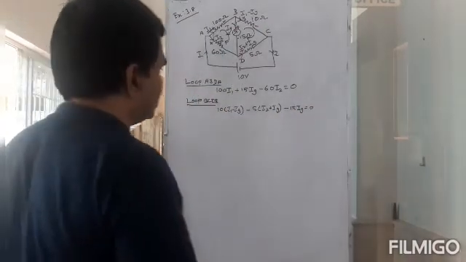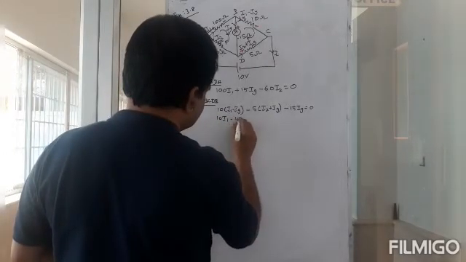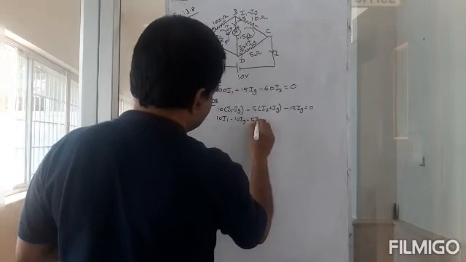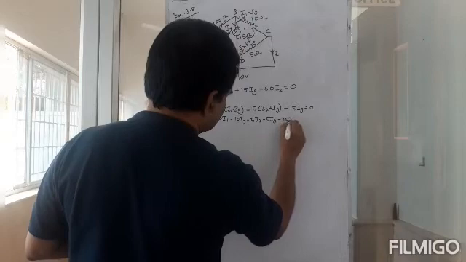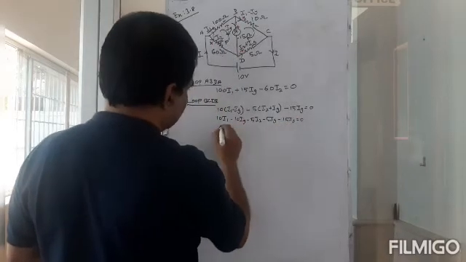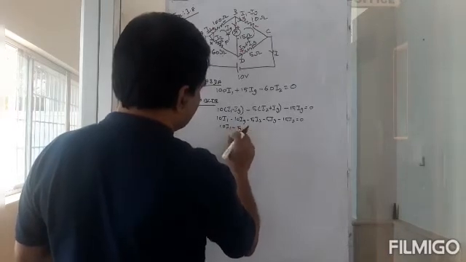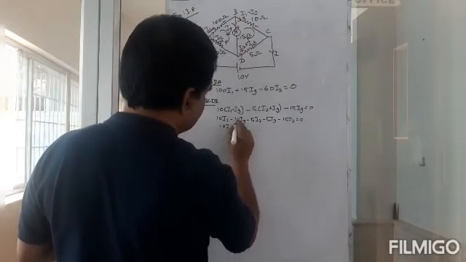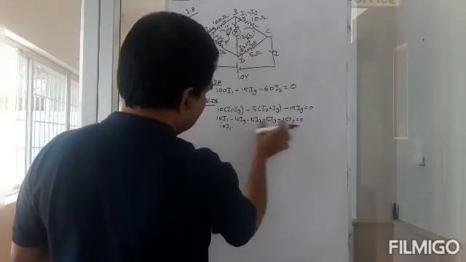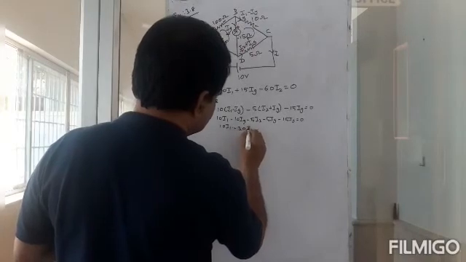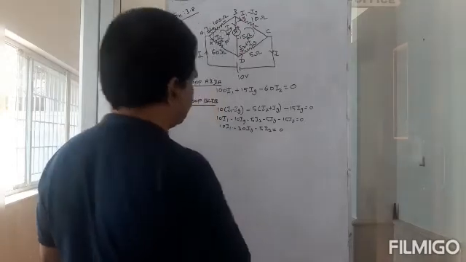Can I reduce it now? So this is 10 I1 minus 10 Ig minus 5 I2 minus 5 Ig minus 15 Ig equals 0. So it's simply 10 I1, and then minus 10 minus 5 minus 15, which is minus 30 Ig, minus 5 I2 equals 0.